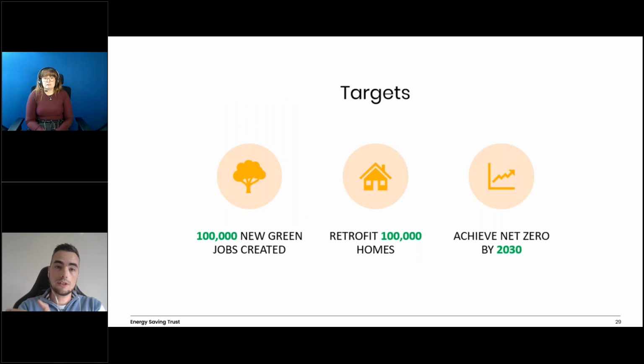So we started with targets. We worked with the steering group to understand what the targets were for the region, and very, very ambitious. As you can see there, the third target is to achieve net zero by 2030, an even quicker rate than probably most are targeting, which is great and should absolutely be applauded. But that obviously meant that we had to create a plan as quickly as we possibly could, because the other targets were that 100,000 new green jobs would be created across the region, and we were going to look at how to best retrofit 100,000 homes.